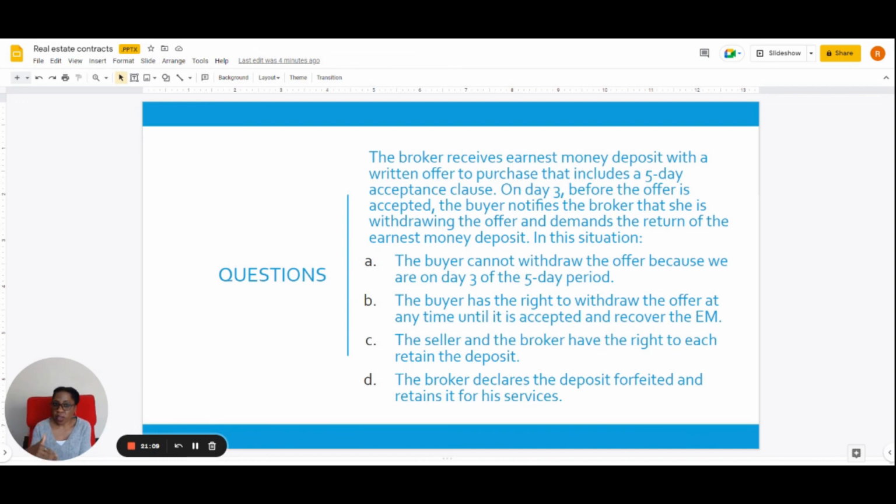But let's go through all of them just to make sure. C, the seller and the broker each have the right to retain the deposit. Can we do that? No. D, the broker declares the deposit forfeited and retains it for his services. Can a broker do that? The answer is no. So based on that, our answer is B as in boy.